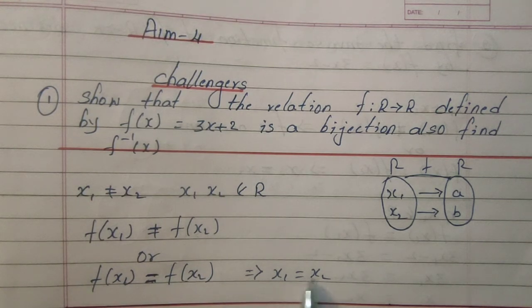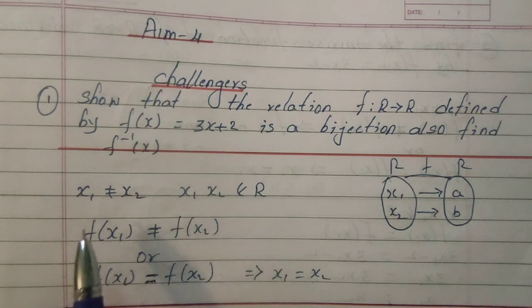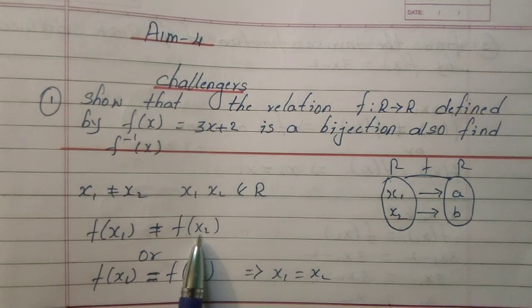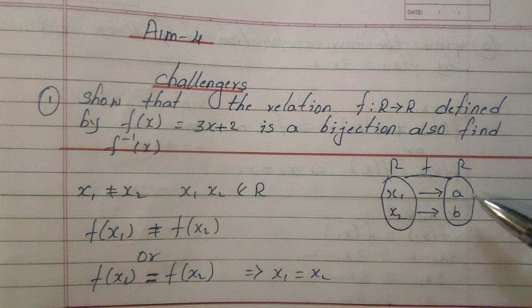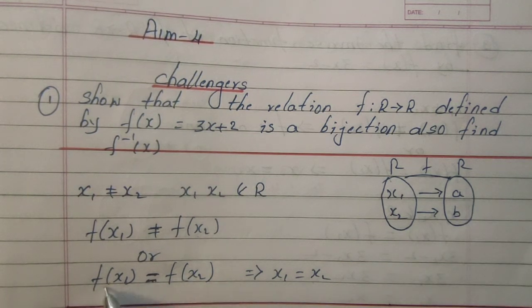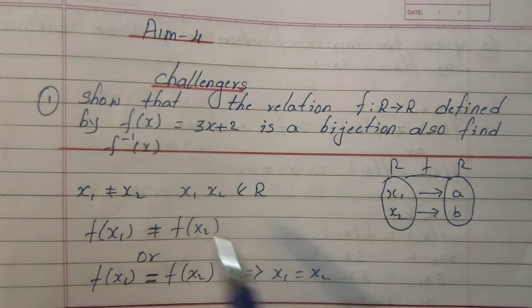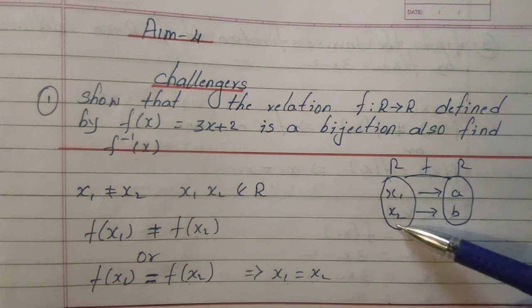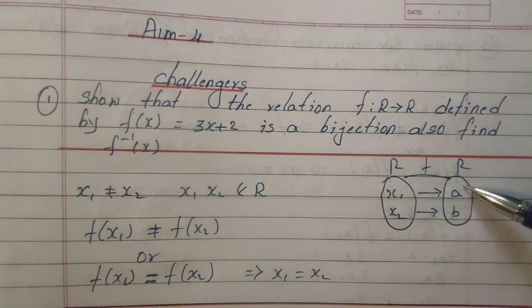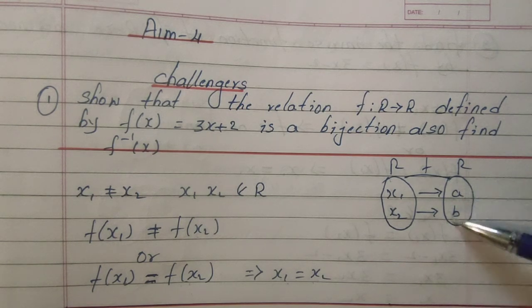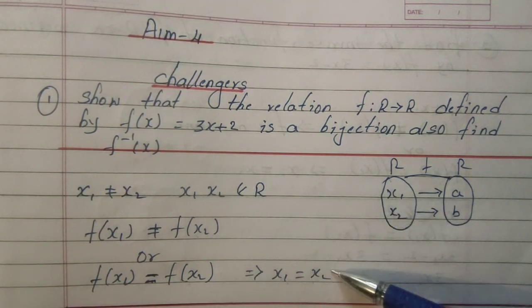If you get x1 equal to x2, the function is one-to-one. Simply, different inputs give different outputs. If you assume outputs are equal, then input must also be equal.